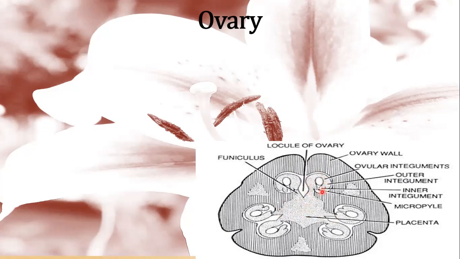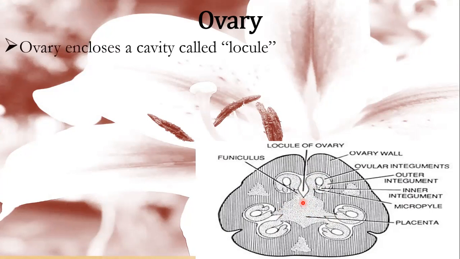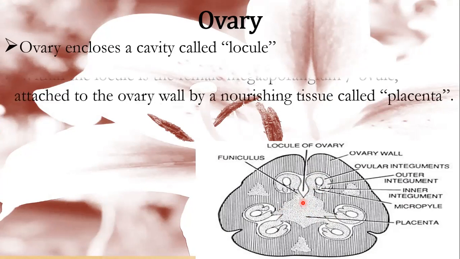Based on the arrangement of the ovule and the placenta, we call it placentation. There are 5 different types of placentation, which we studied in our 11th standard: axial, marginal, parietal, free central, and basal placentation. The ovary encloses a cavity called the locule.